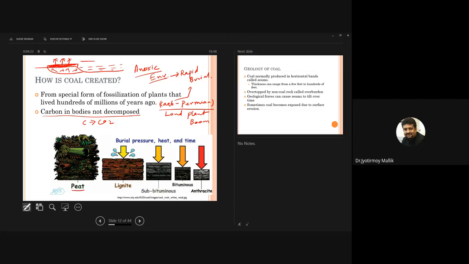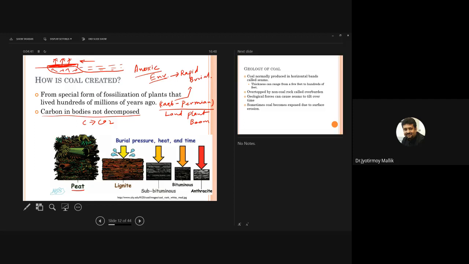So the sea essentially transgresses to the land. So it is kind of a unique situation that I need to have land plants as well, but the sea will also have to move enough so that it can cover it up.